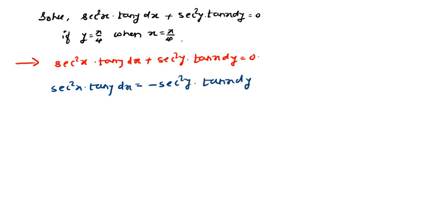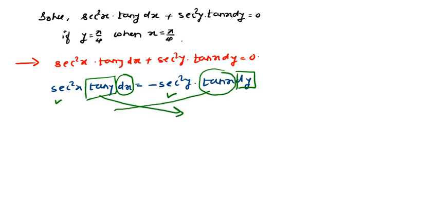Okay, now if you observe, in the LHS the term is dx, means we need only the function of x, so this term tan y is extra, and in RHS the term is dy, so we need only the function of y, so this term tan x is extra. Okay, so take this tan y to this side and this tan x to this side. See what will happen.